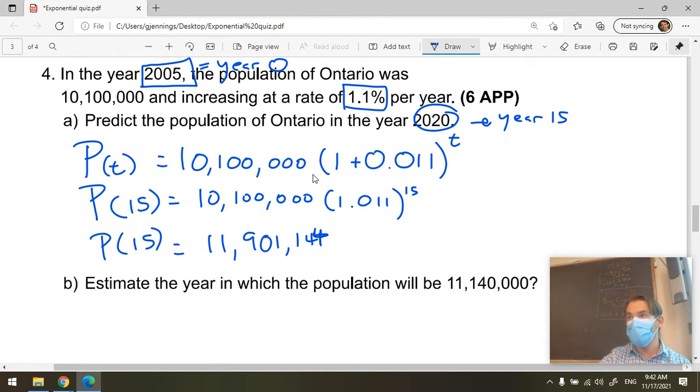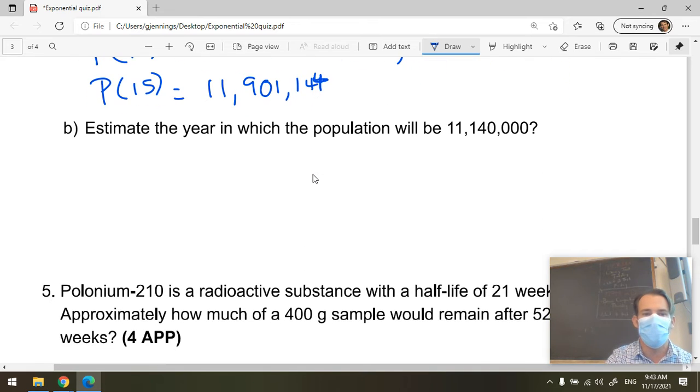And if it does, and that's about how populations grow, would it seem reasonable that it would grow by nearly 2 million people over 15 years? Sounds about right. I didn't get a number like 80 million, or a number like 10. This should feel like a good number that matches your intuition for how these numbers work. So you always want to check this based on your understanding.